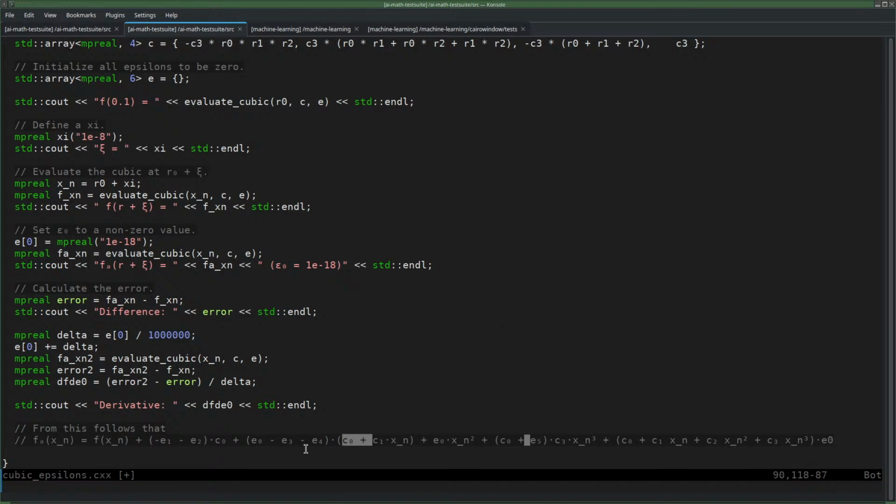So now I have epsilon 0 times C0, that was this one, and epsilon 0 times C1 xn, and an epsilon 0 times, oh, there's a C2 missing.